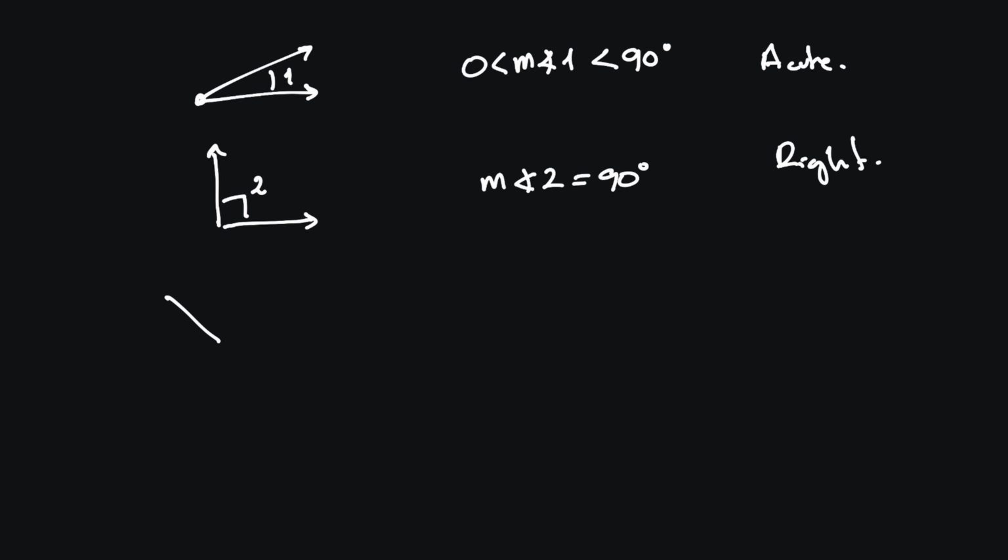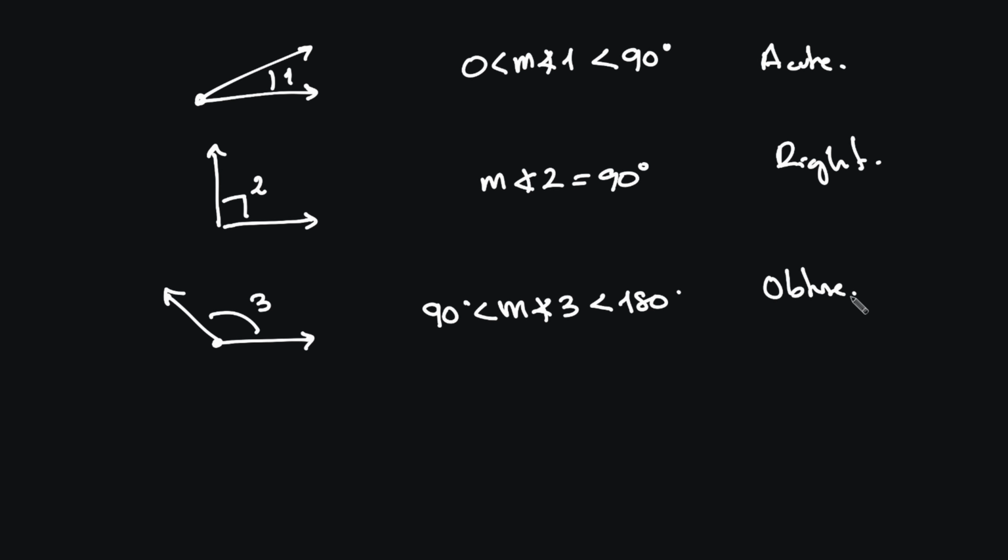If the measurement of angle 3 is more than 90 but less than 180 degrees, then this is called an obtuse angle.